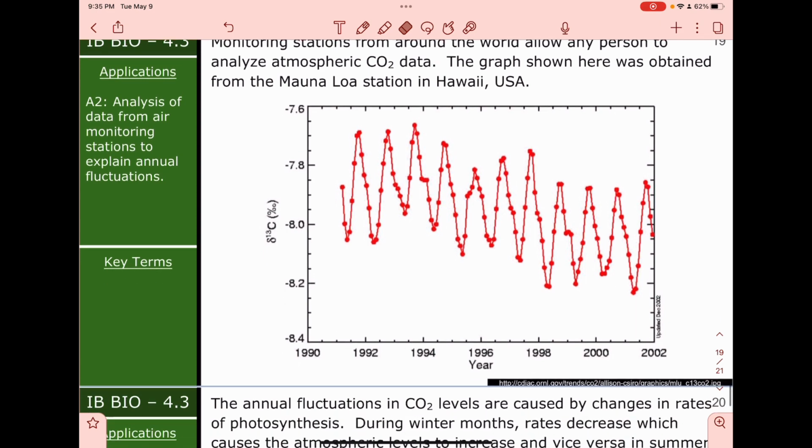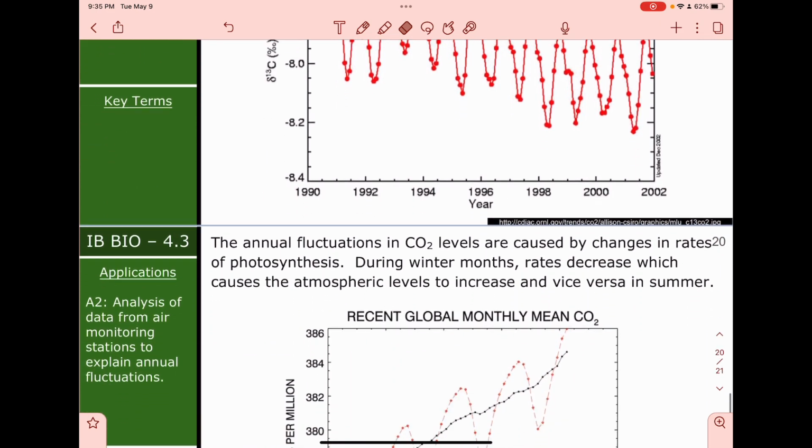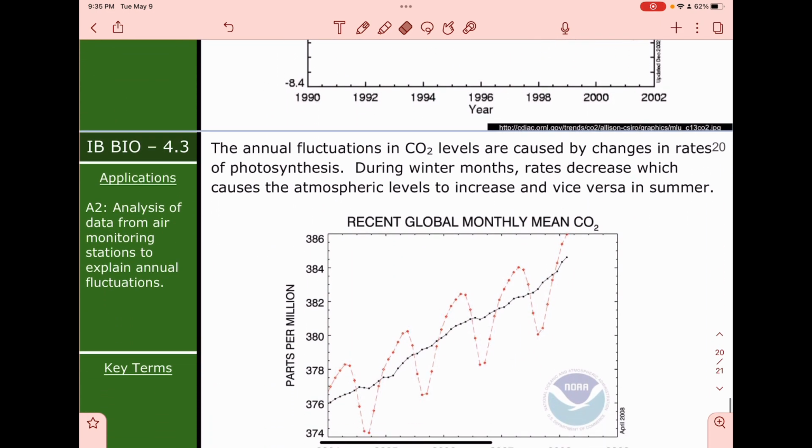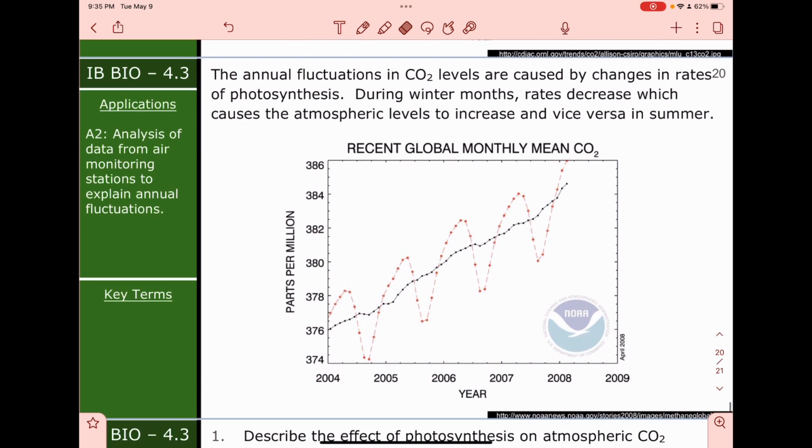If you look at the trends over time, what you're seeing here is that you've got the CO2 levels increasing as the years continue. So you see that since the Industrial Revolution, this pattern has happened where we're continuing to see an increase in the CO2 production over the years.